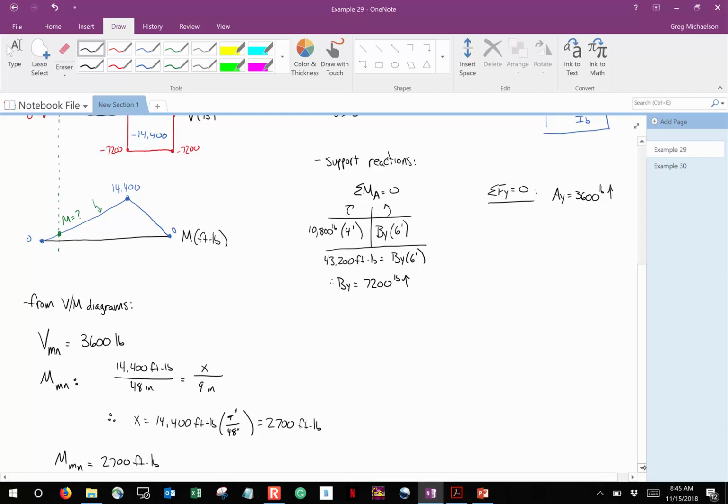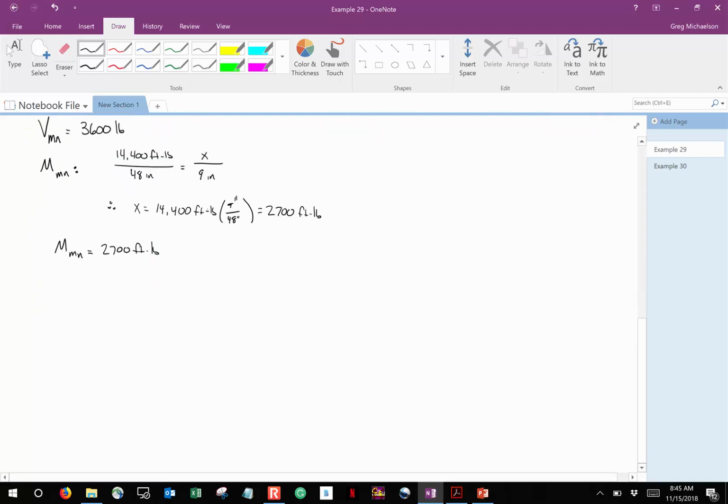Okay, so now that you have these, what we can do is we can go to our stress computations. This is really easy. Let's take the bending stress first. So we know our moment is 2,700 foot-pounds. We know Y is 1 inch, and we know our moment of inertia is 36 inches to the fourth.